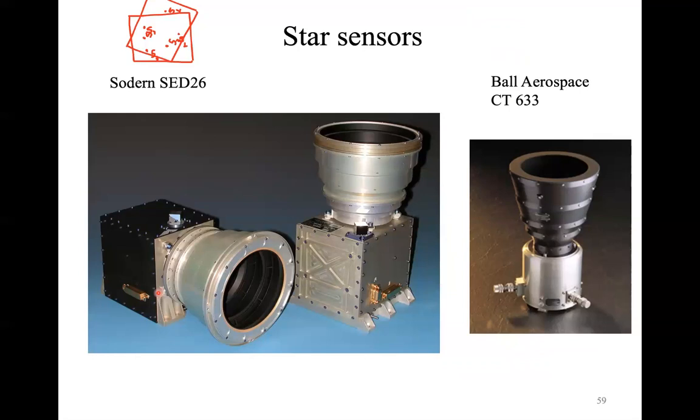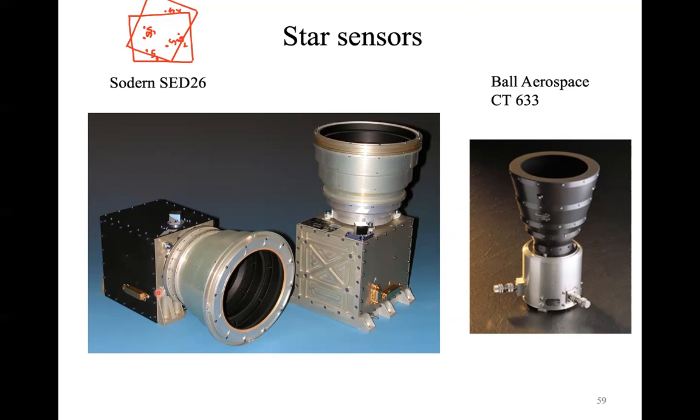What we have introduced now is how to determine the attitude using the star sensors. But the main problem of all instruments, of course, are the error sources. And as I said, error sources are not only coming from the sensor itself, but also from the knowledge of the celestial body orientation.